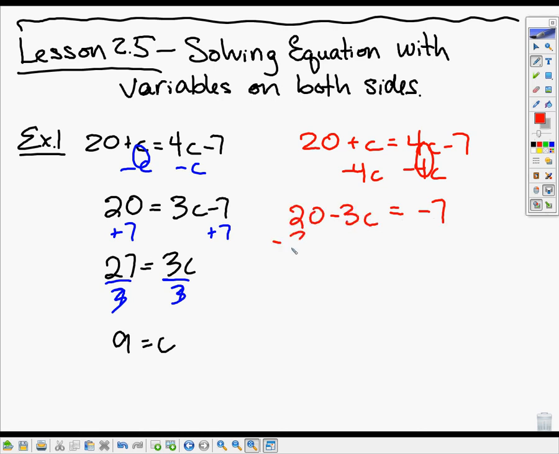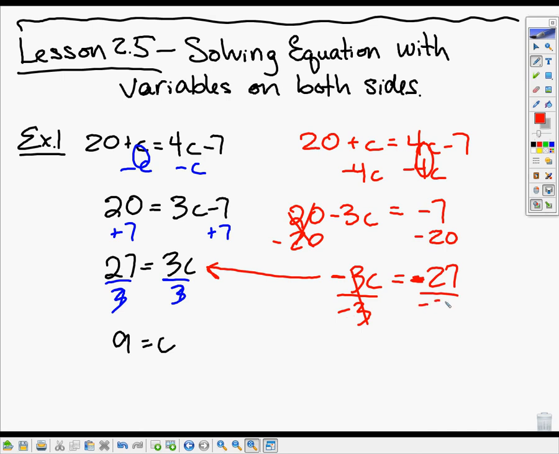And if we subtract 20 from both sides now to collect our constant terms, over on the right we have negative 3c equals negative 27. If you look, we have the same thing we did there, but we have a negative here and a negative here, so that when we divide we have negative 3c that we're dividing by, and a negative divided by a negative is still a positive 9 for an answer that we get. We get the same answer.